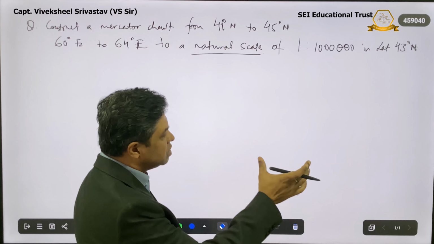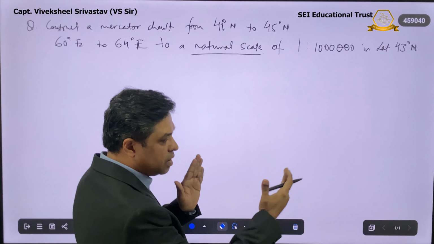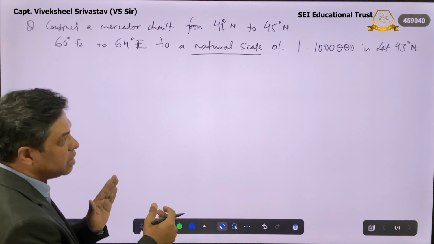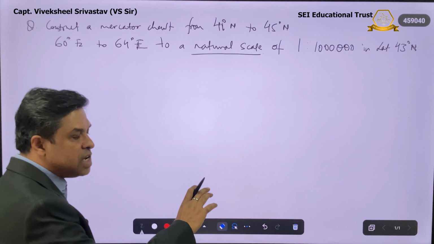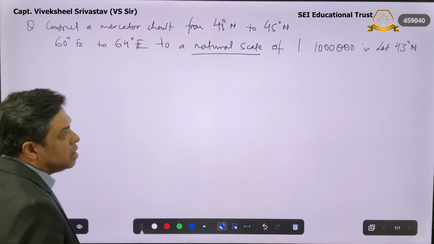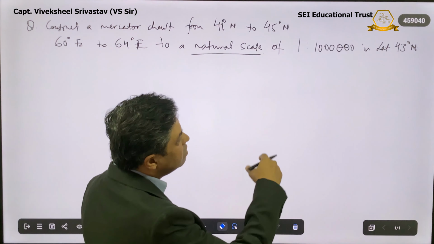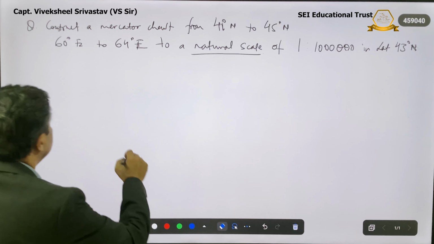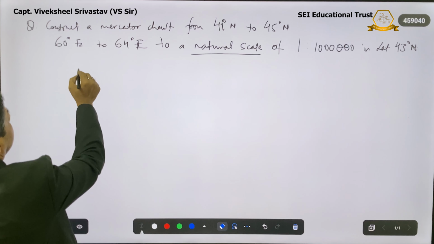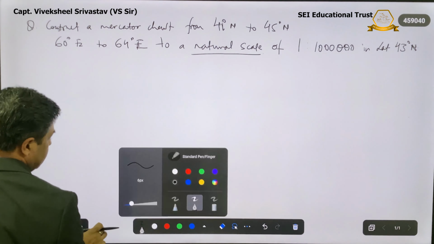Suppose if I take the distance between longitudes, so that will be the departure, and that is what the distance scale is. So I must find out what is my longitude scale over there.